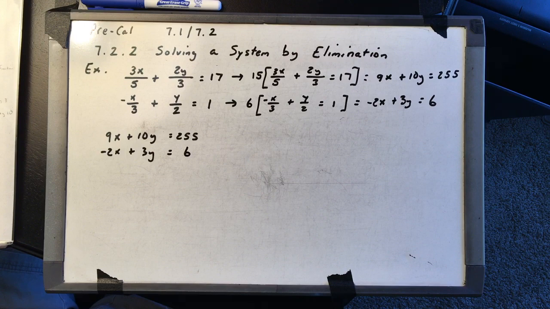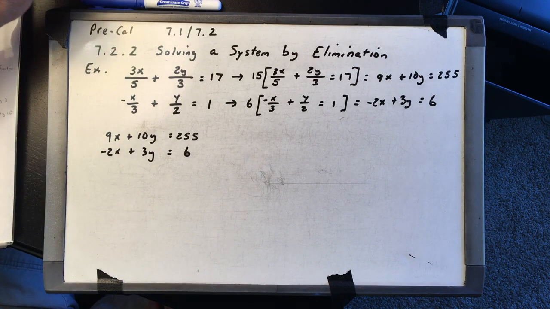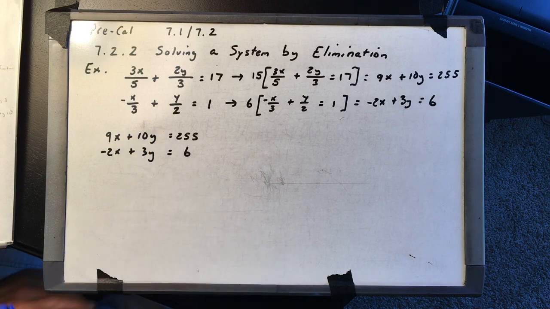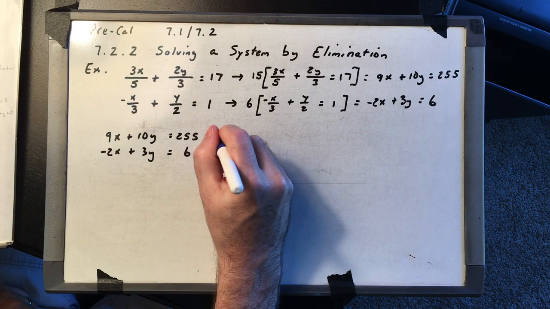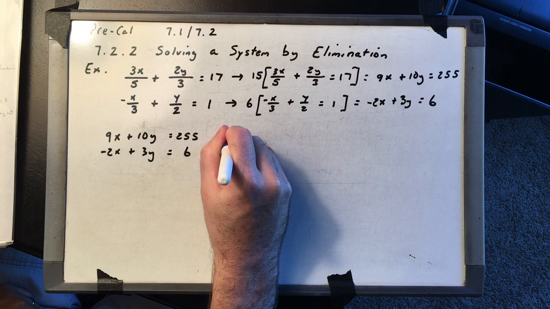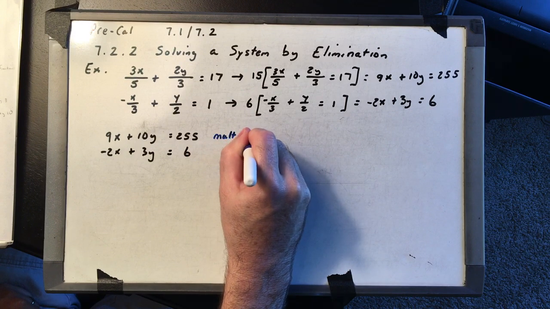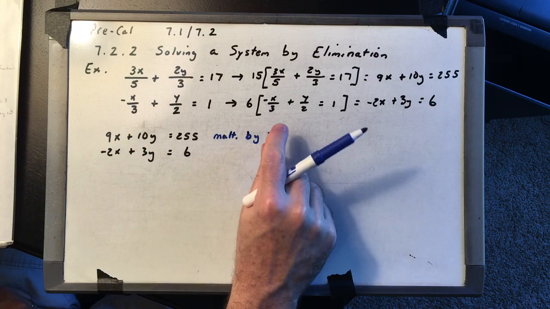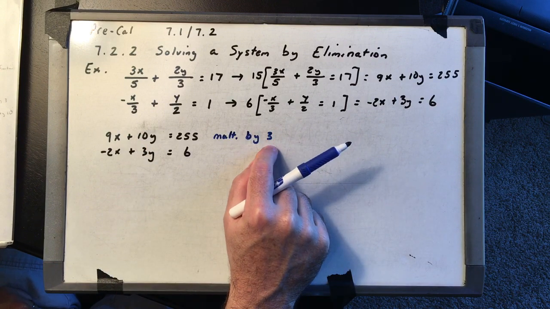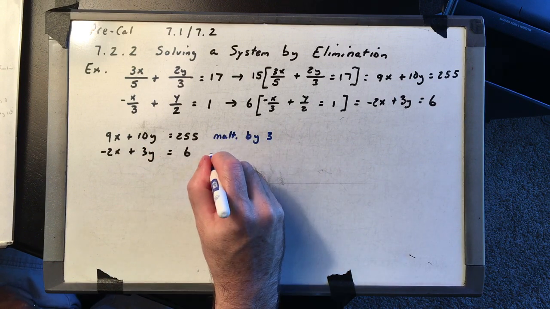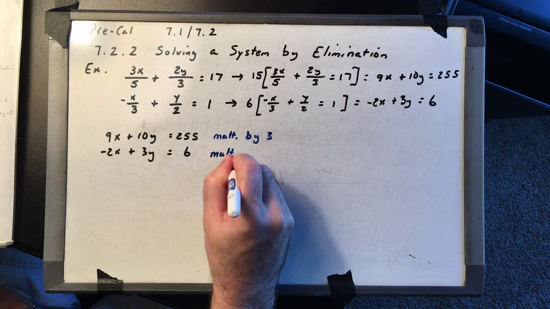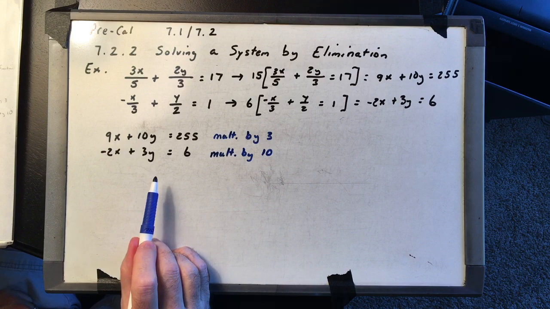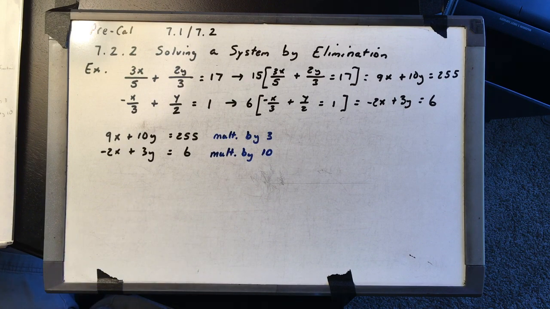So probably the easiest thing to do, and you could work with either x's or y's here, but if I multiply this top one by 3, and I multiply the bottom equation by 10, I'll be able to eliminate the y. I'd have 30y in both.